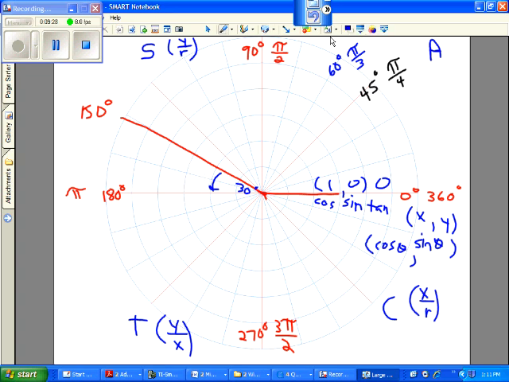I'm going to move these back in here. We want cosine, sine, tangent. Now, we're talking about the cosine of 150 degrees. If we want to talk about the cosine of 150, then we really want to think about its reference angle 30. So then we're really going to be asking, what's the cosine of 30?